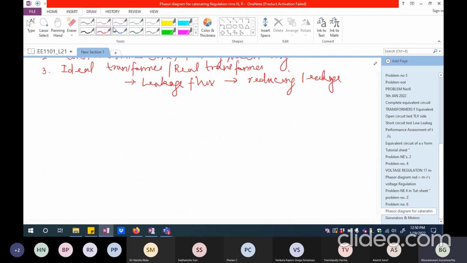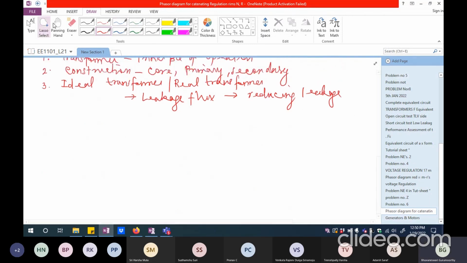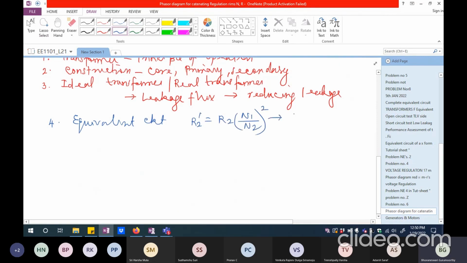Okay, and after that, we came into the equivalent circuit of the transformer. So we derived the equivalent circuit completely. And we said how all the parameters of the secondary side can be transferred onto the primary side by using, for example, R2 dash equal to R2 multiplied by N1 divided by N2 the whole square. So this is the secondary resistance transferred to the primary side.